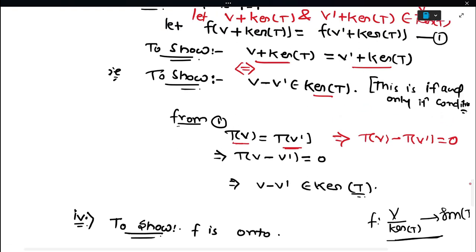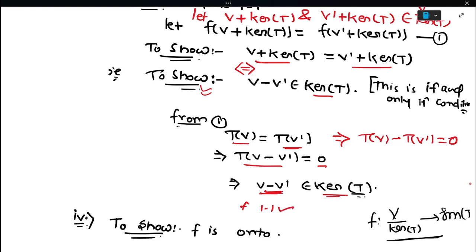Now by linearity of T, we can write T of v minus v' equal to 0. Since the image of this vector is 0, this vector is in kernel of T. See the definition of kernel of T. That is what we need to show. This means f is 1-1.